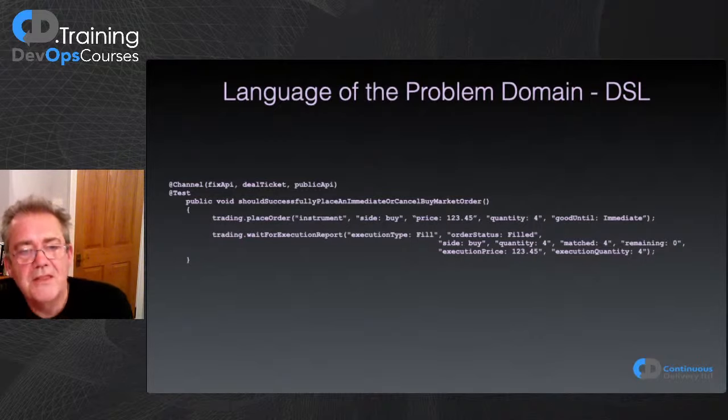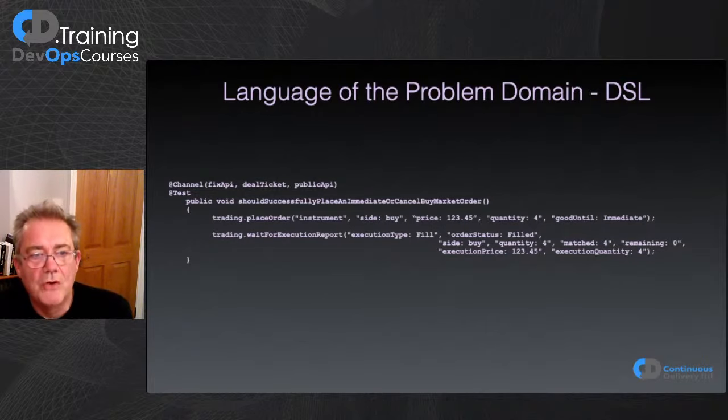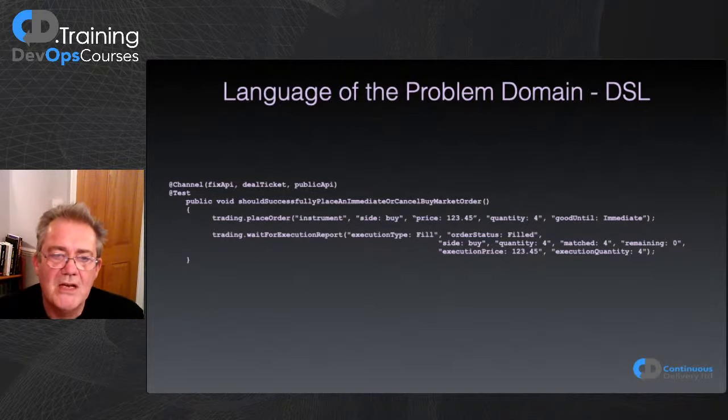Think about what that means for a moment. You may not have this kind of multi-channel issue with your system, but think about what this means in terms of the separation between this test case and the system under test.